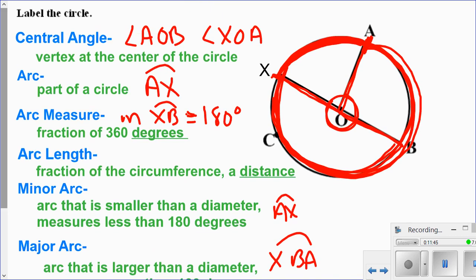So if I have 2 radii like OA and OX, segments OA and OX, and I have the arc that's in between, in this case arc AX, this whole region here, if I shade it in, almost like a piece of pie or a piece of pizza, that whole region that I shaded is called the sector of the circle. And there's lots of sectors in this circle. I just shaded one of them. But that region, the 2 radii, the arc in between, and everything in between, that is called a sector of the circle.